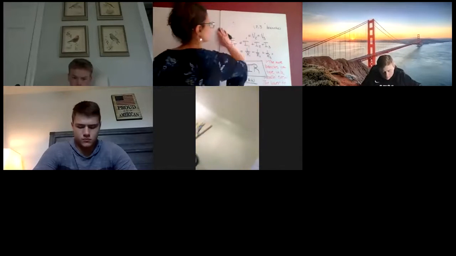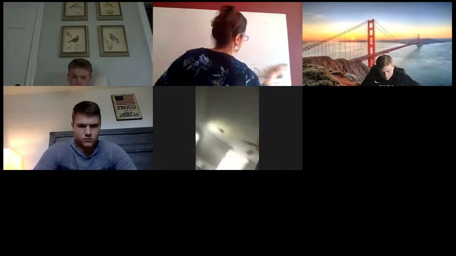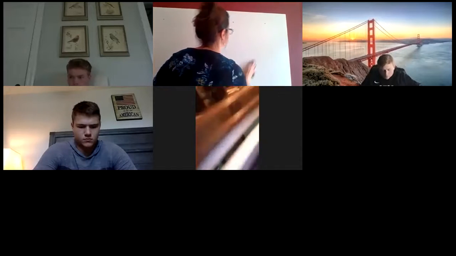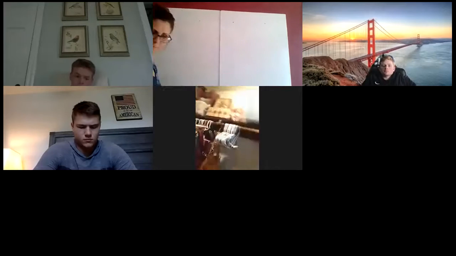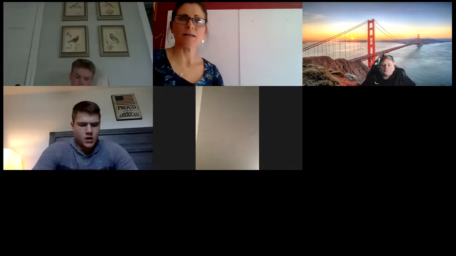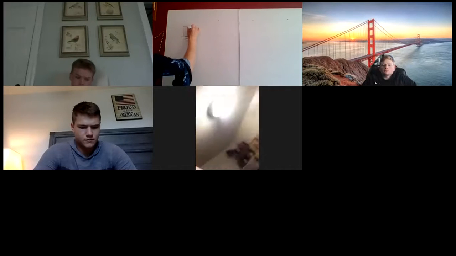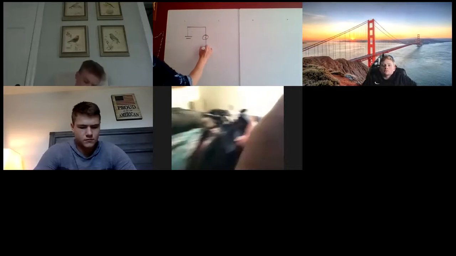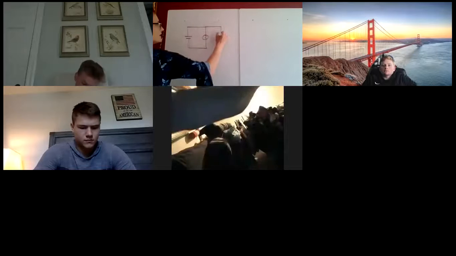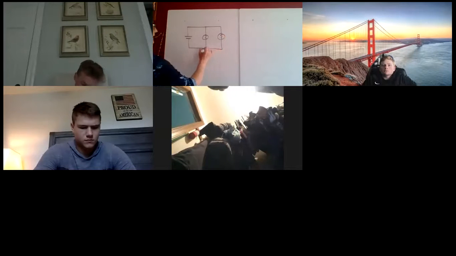So if I go back here and I take a look at parallel, what's happening in parallel? Okay, so if I were to draw a parallel circuit, it looks like this, right? And there's a light bulb, so we're going to ignore our switches. Here's another light bulb, right?